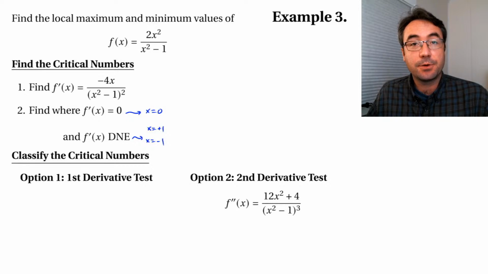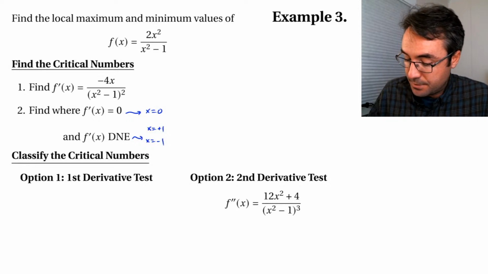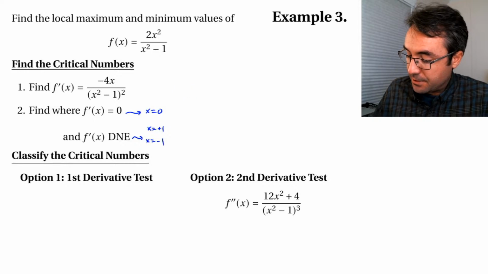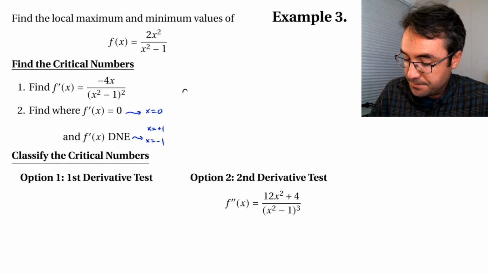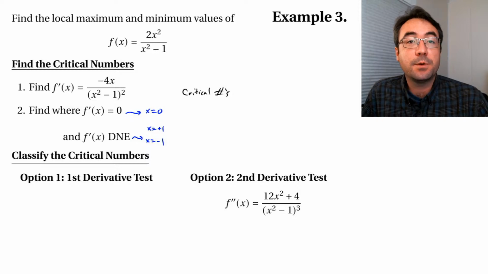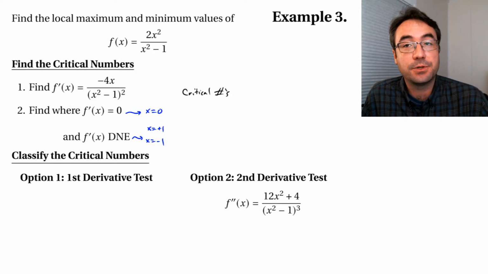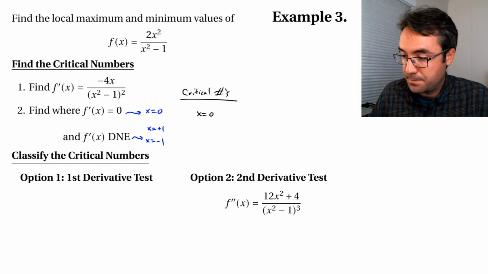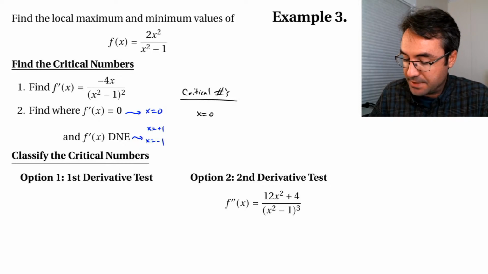We just want to make sure those are critical numbers, so let's figure out if these are in the domain of our original function. The only one of those that is in the domain of f is x equals 0.